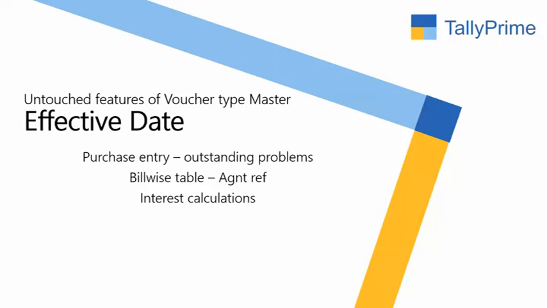That voucher is entered in Tally on 5th February. Maybe the owner or administrator is locking the data so backdated entries are not allowed. So my user is going to enter it on 5th February. Now, the first problem is there.